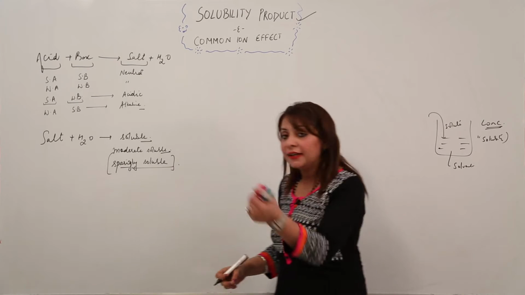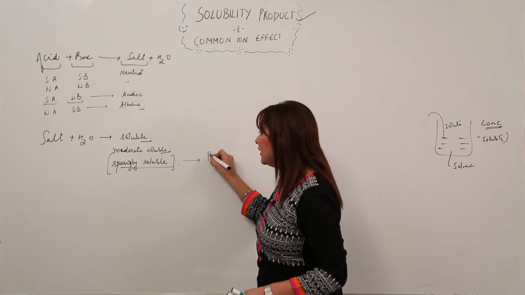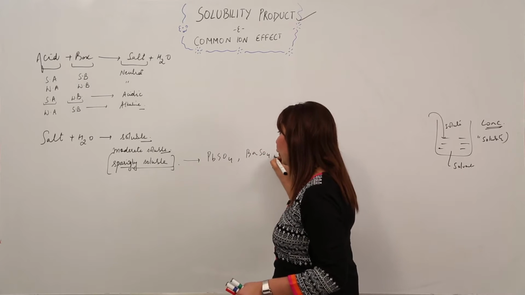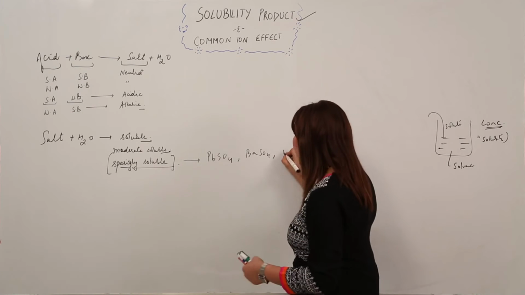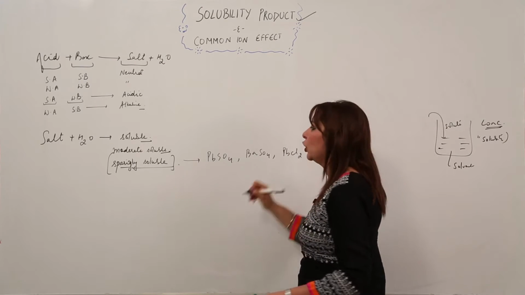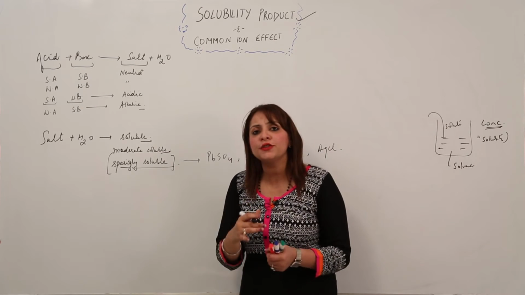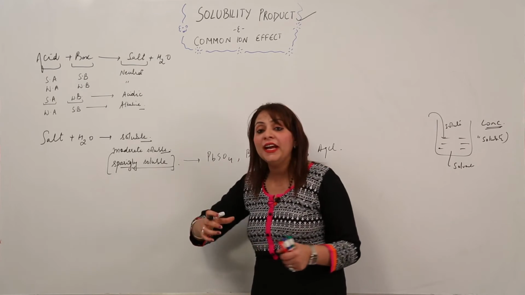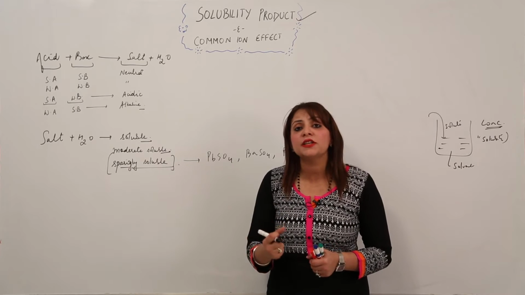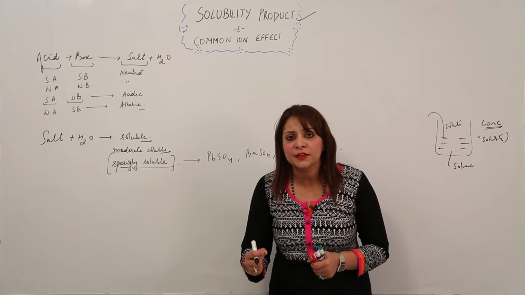Let me state an example for you, like PbSO4, BaSO4, and PbCl2, AgCl. There are many such salts, the salts of the first group mostly are sparingly soluble. That means they get dissolved in water but only to a very small extent, right?